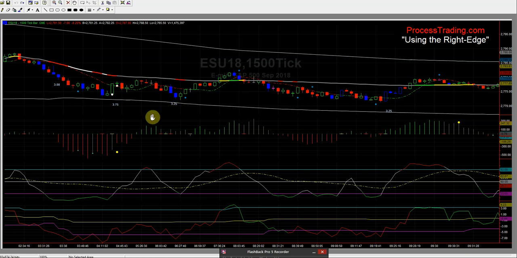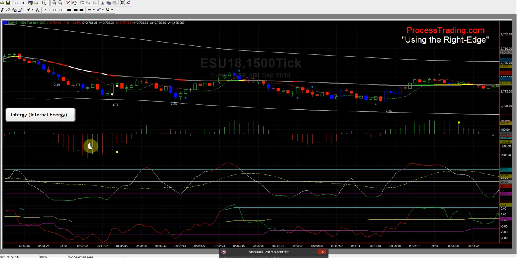So the next thing is, let's look at this indicator right here, which is the internal energy indicator. It's called the Intergy, and it stands for internal energy.